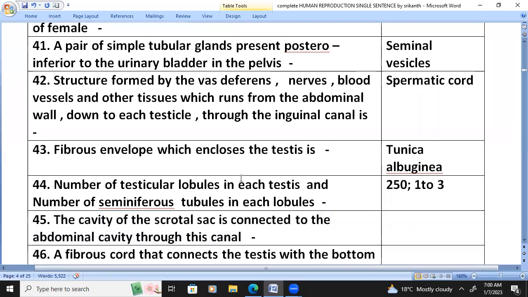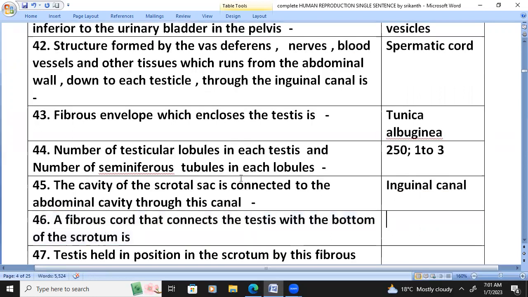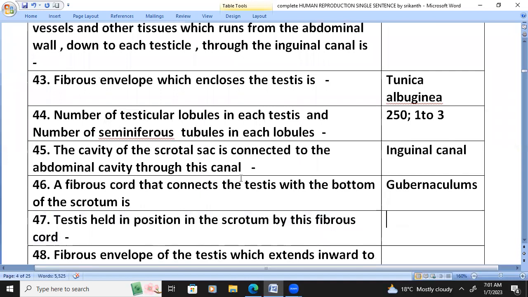The cavity of the scrotal sac is connected to the abdominal cavity through the inguinal canal. A fibrous cord that connects the testis with the bottom of the scrotum, holding the testis in position in the scrotum, is the gubernaculum.